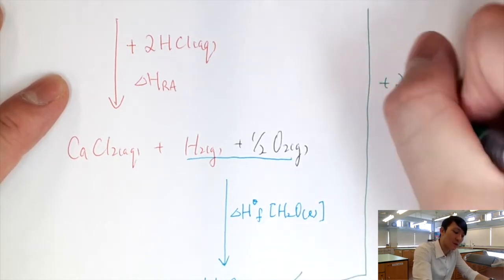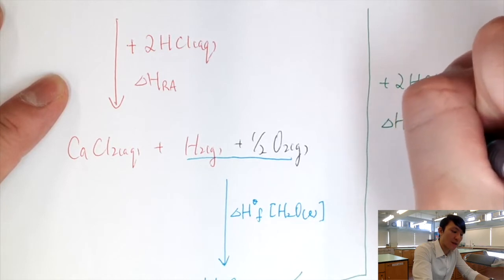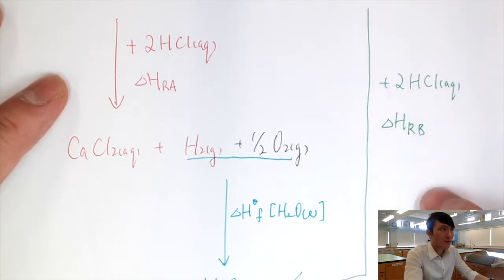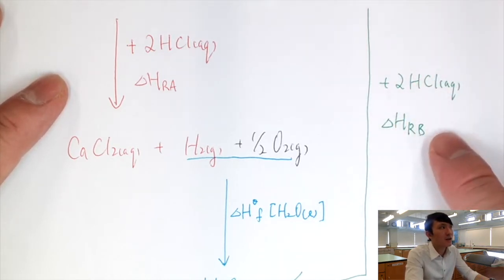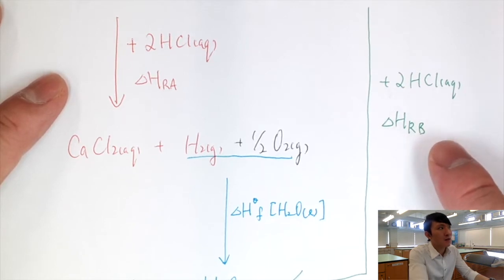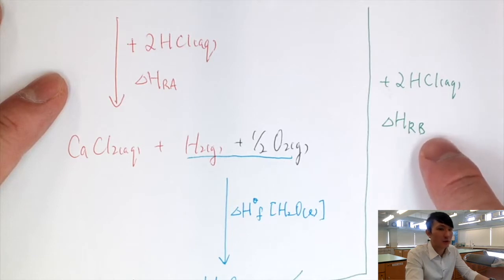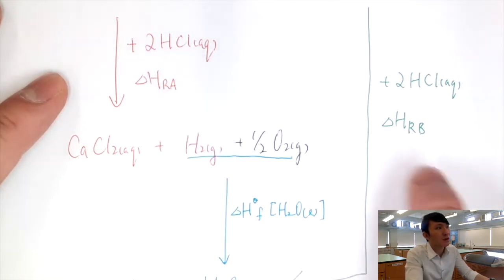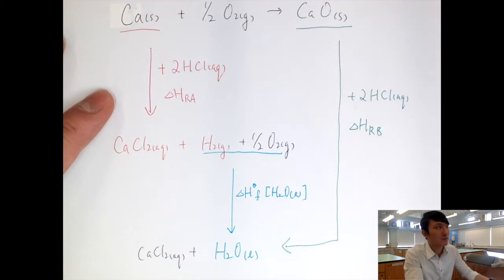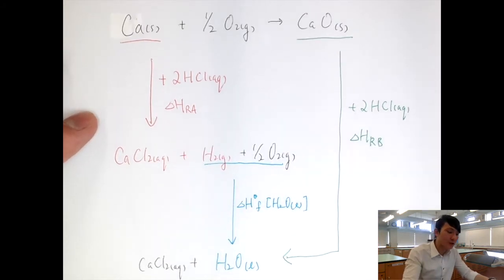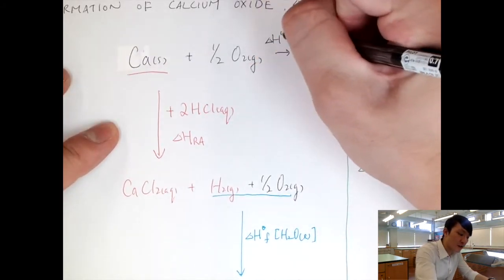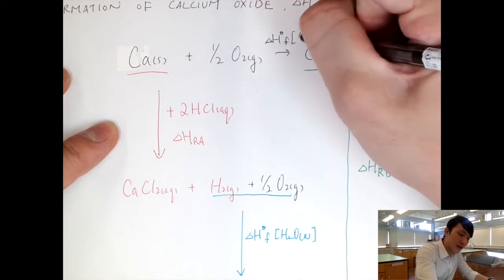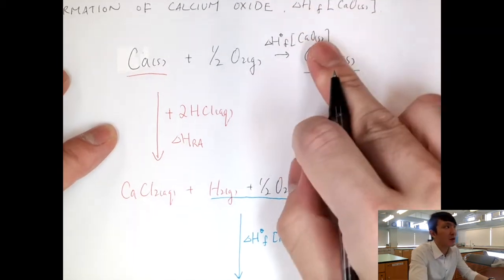And this one, we will put as delta H R B. It's another reaction, and we're going to perform a very similar calorimetric experiment to find out the enthalpy change of that reaction. So these two are experimentally determined, and these are the two that we are going to determine in the later experiment. And from here, let's put down delta H naught F CaO. This is the thing that we are looking for.